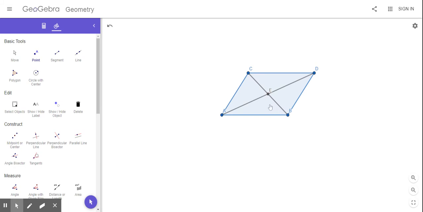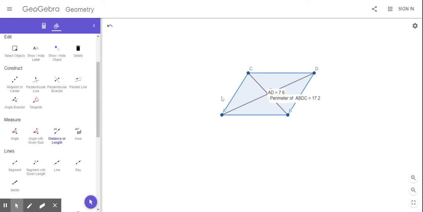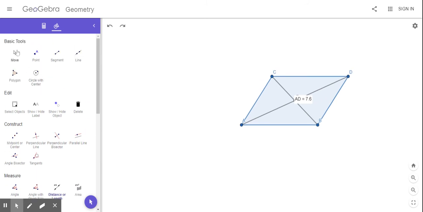And so now I'm going to measure the entire diagonal, both diagonals, and then both pieces. All right. Wrong one. Okay, so I'm going to move this down here.